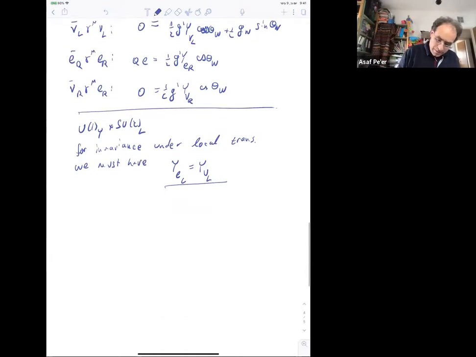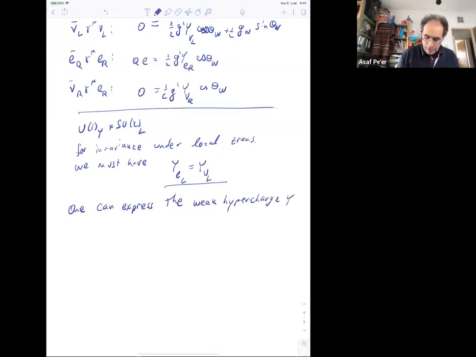So one can express the weak hypercharge Y as a linear combination of Q and I3 weak. So I can simply write down Y is some alpha Q plus beta I3 weak.